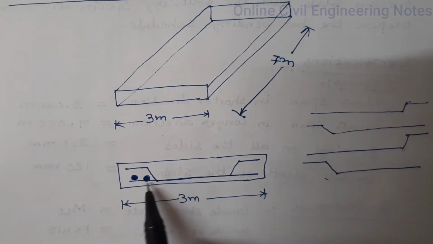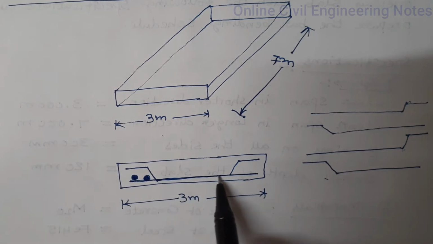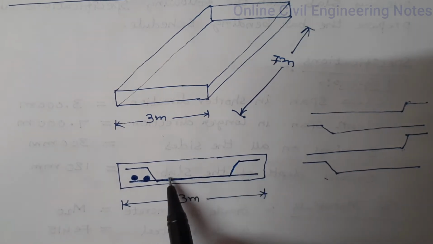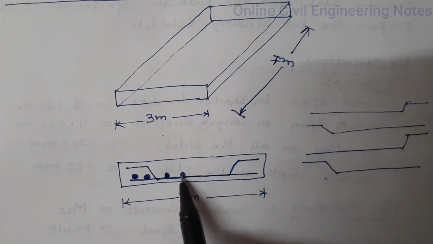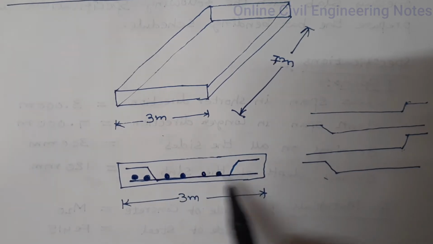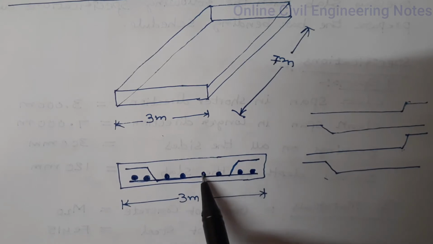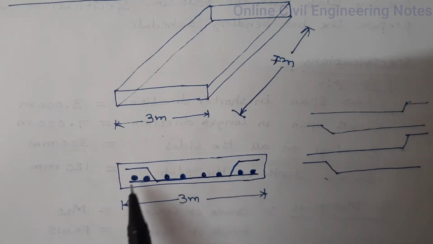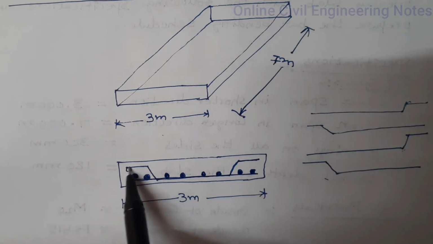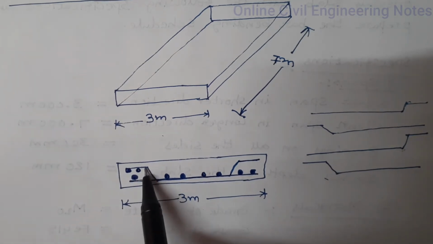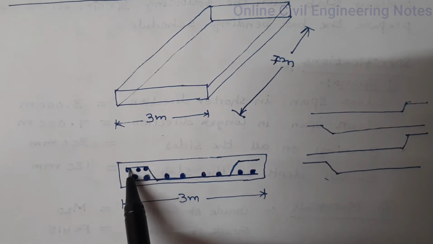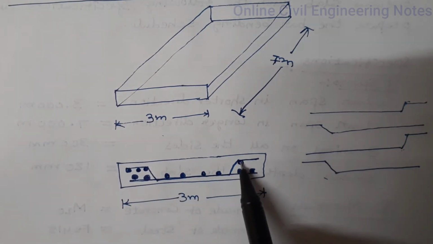This is another cranked bar. See, based on the calculation, we can provide the n number of distribution bars, and in the question, they have given the 3 hanger bars on either side. So these are the hanger bars.